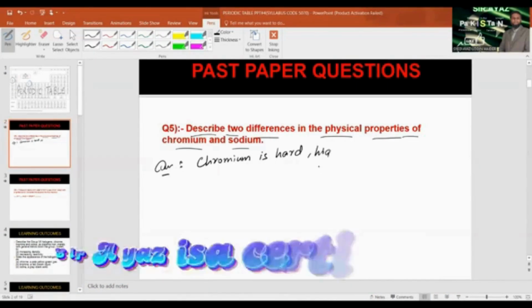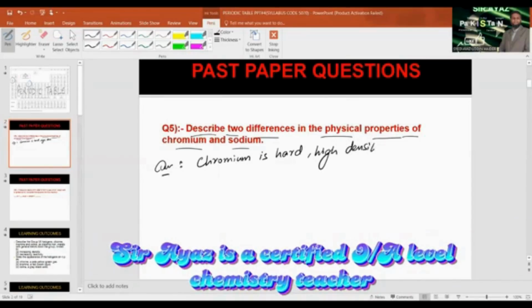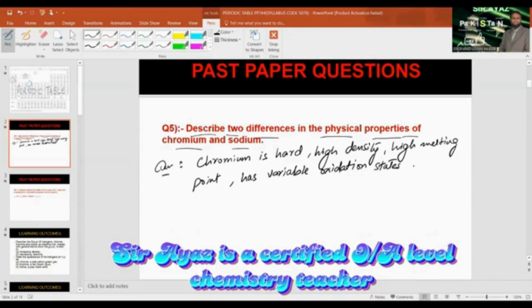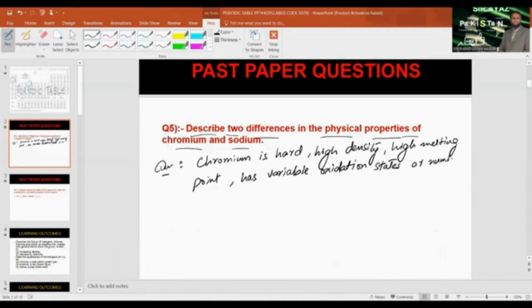You can write high density, high melting point, has variable oxidation state or number. Compounds of chromium are colored.